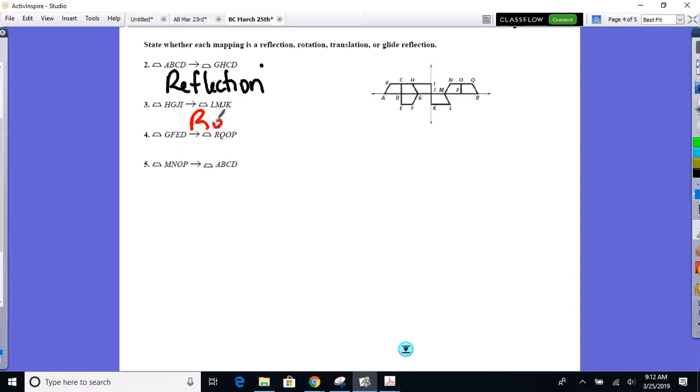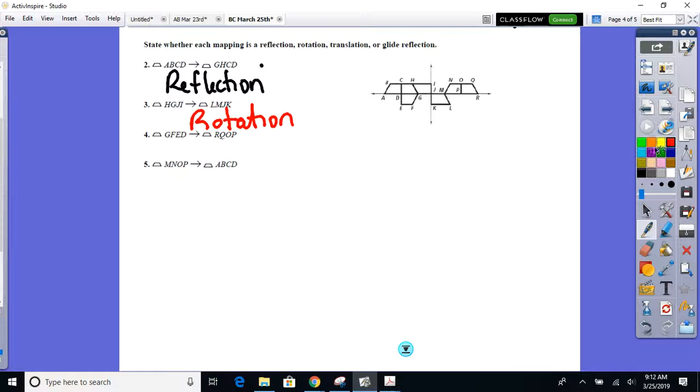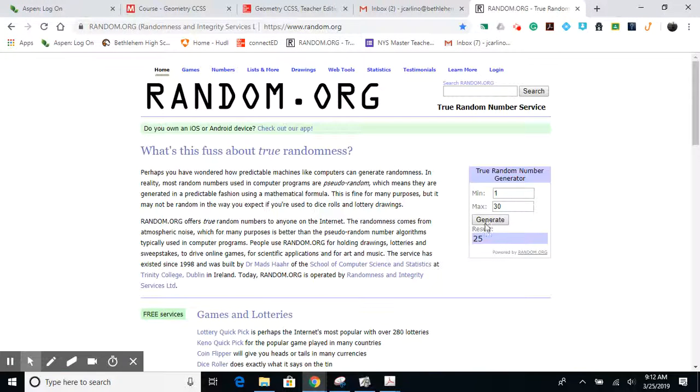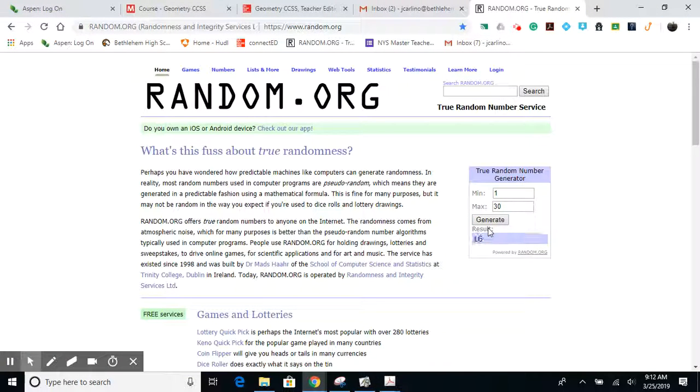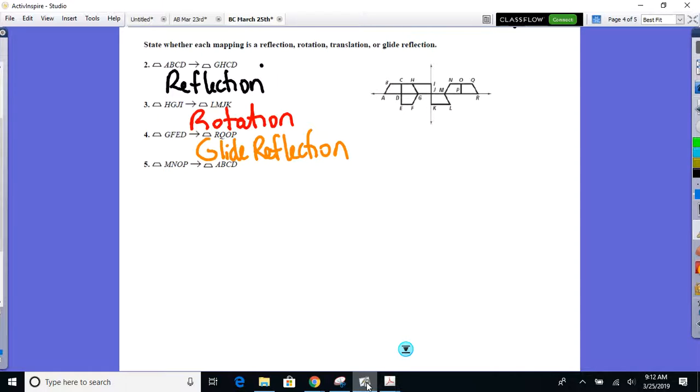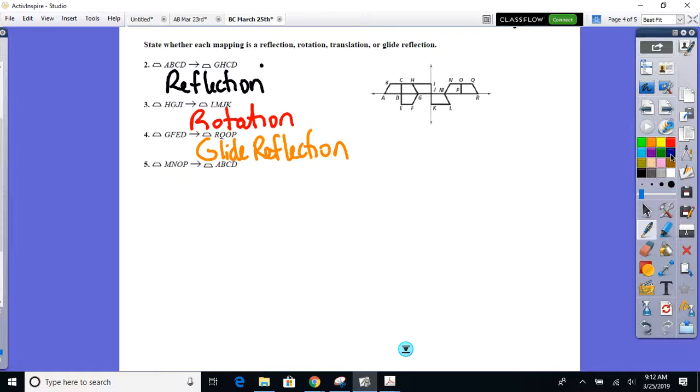Great job. Had to be on your game for the next one. Glide reflection. Is that what we're calling it, shorthanding it now? Glide reflection. Thanks, Maggie. And then the finisher. Translation. All 3 brought up here.